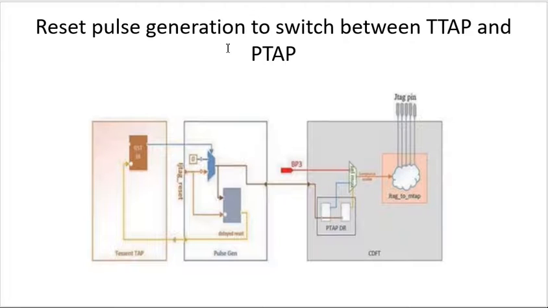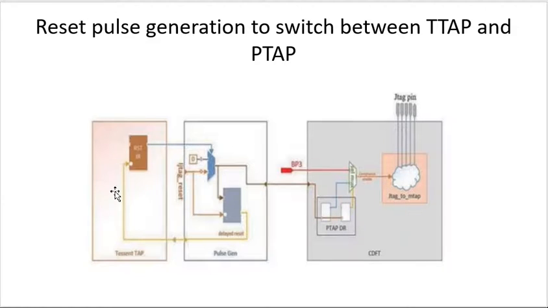Going forward, reset pulse generation to switch between TTAP and PTAP. This is one of the problems which we needed to solve while switching the chip IO ports from PTAP to TTAP.